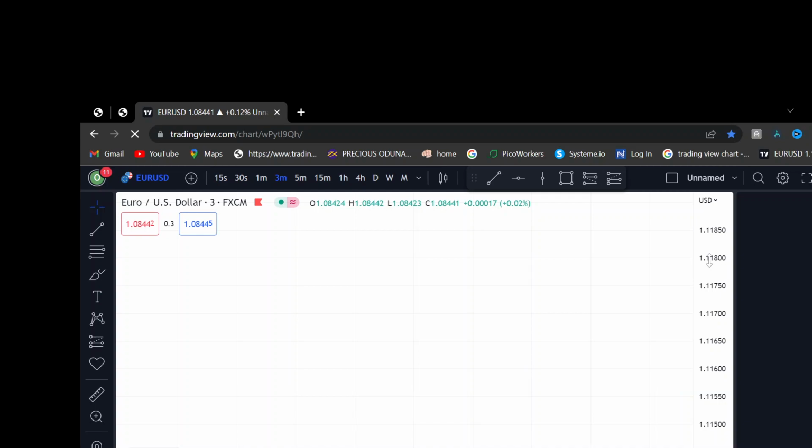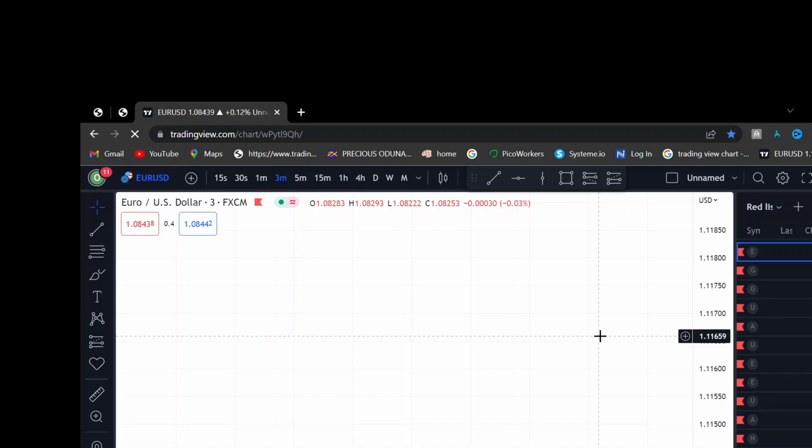I'm waiting for the chart to load so that you understand what I'm trying to explain here. So pips is just move in points per prices. Let's assume price goes up from this point, 1.11600, all the way to 1.11650.